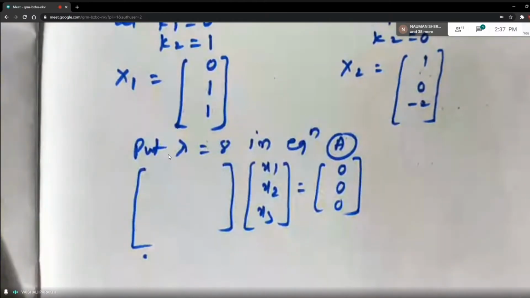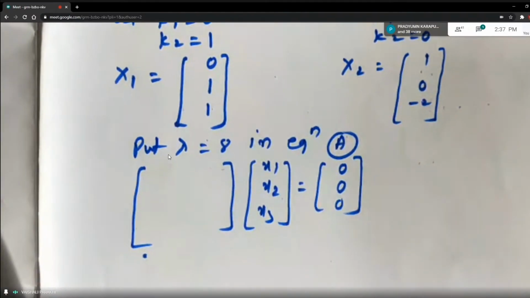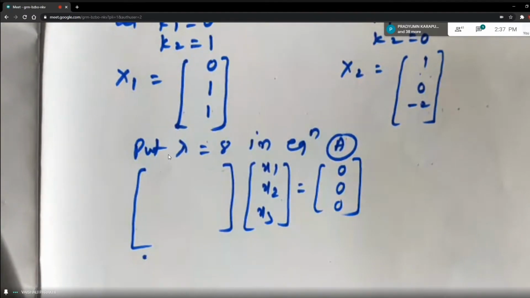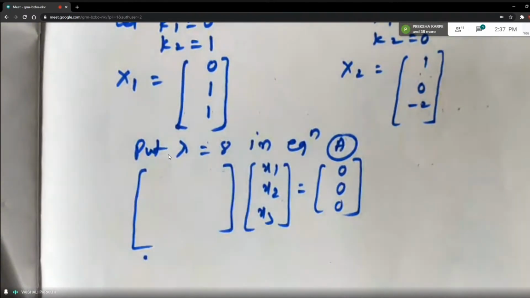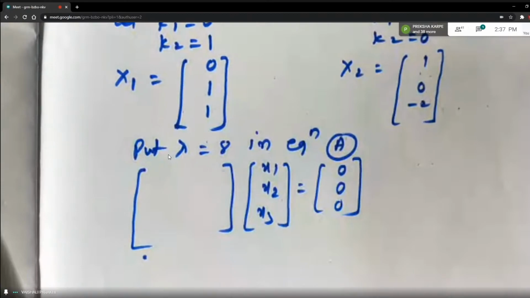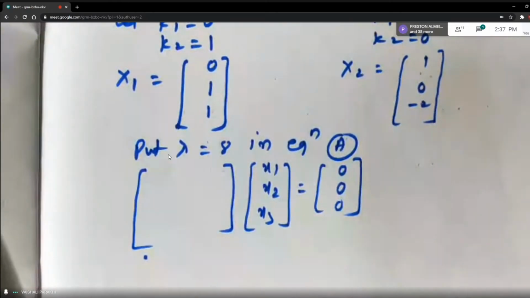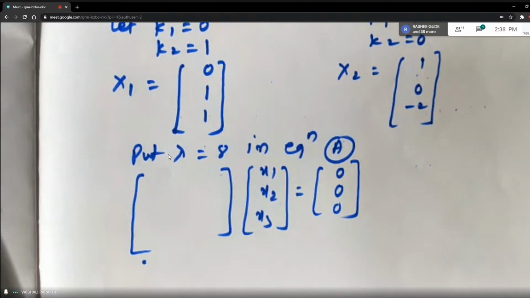Rajat, can you tell me what is the matrix here you are getting? Rajat, can you hear me? Yes, ma'am. Okay, tell me the matrix. Yes, Rajat, tell me.